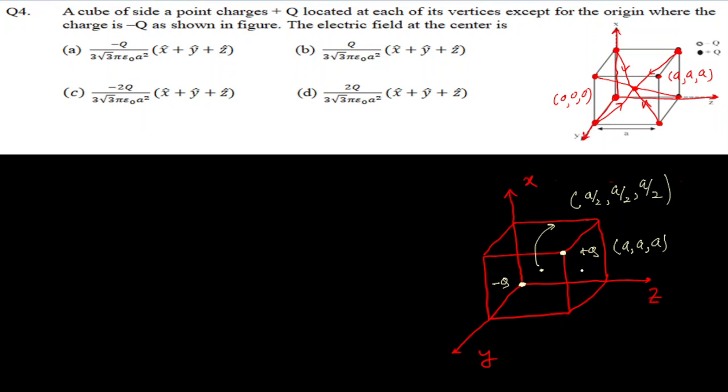Okay, so let me just define it in this way. This charge is q1, q1 is equal to plus q, and q2 is equal to minus q. So we have to calculate the electric field because of q1 and q2.